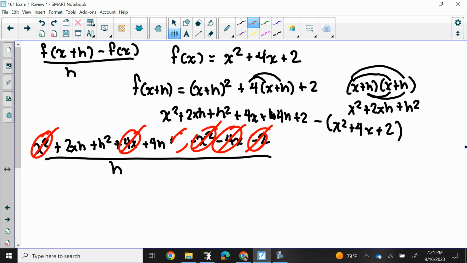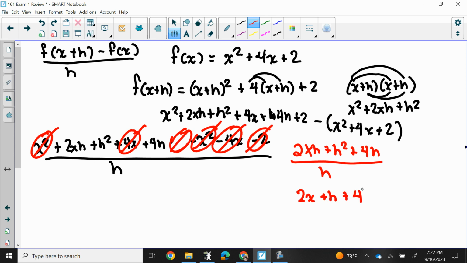So now I have 2 times x times h plus h squared plus 4h divided by h. So I'm going to go ahead and now just divide each one of these terms by h, and I get 2x plus h plus 4.